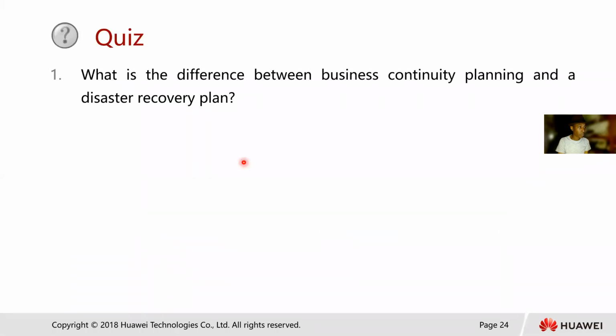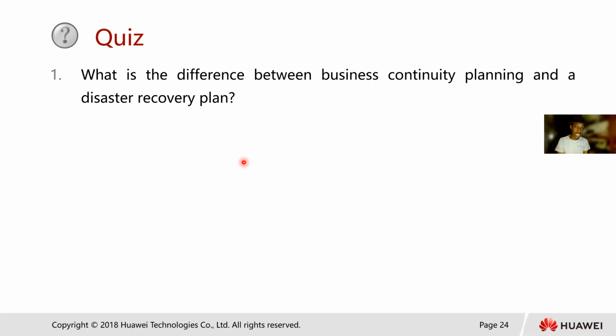So what is the difference between business continuity planning and disaster recovery plan? You should know there's a difference, so check it out. Business continuity is all about ensuring that business operations can go on in spite of a disaster. Disaster recovery is trying to ensure that, as much as the disaster has happened, we can get back to the optimal operations that we were at.